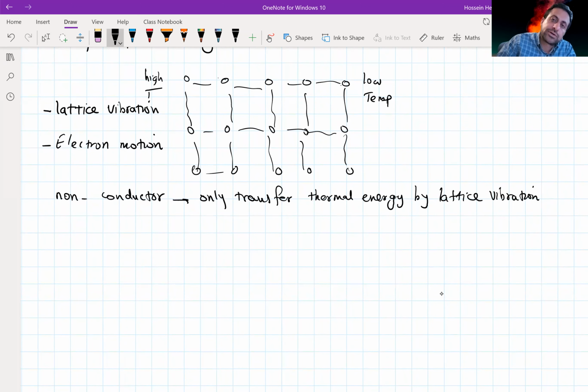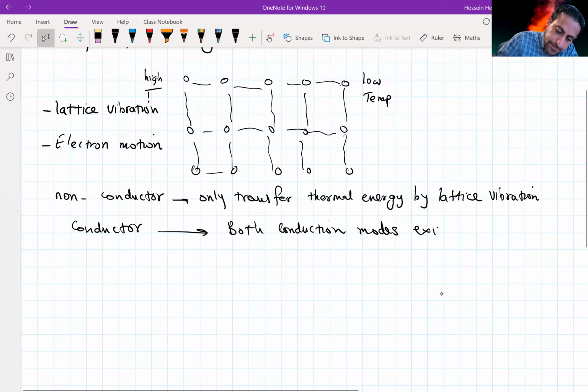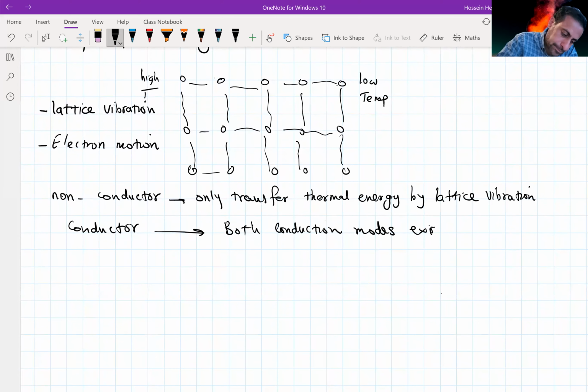And the other ones, the good conductors, are the ones where both conduction modes exist. So in conductors, heat can be transferred by both effects, electron motion and lattice vibration.